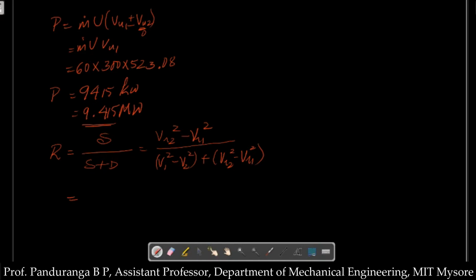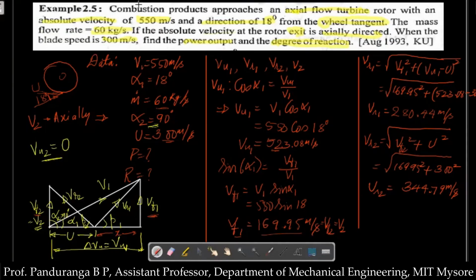What is Vr2? Vr2 was 344.79 meter per second.